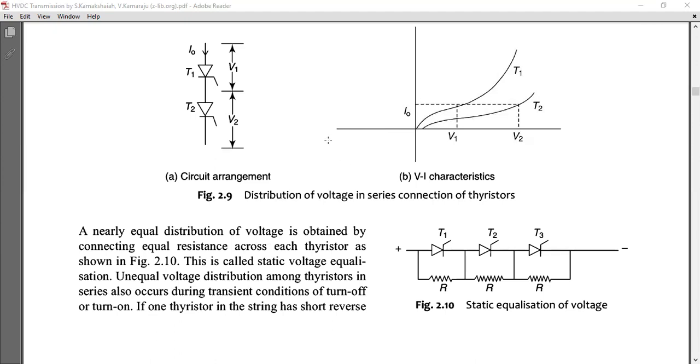The maximum voltage that the string can block is V1 plus V2, not 2V2 or 2V1.